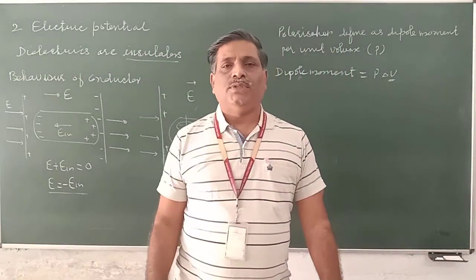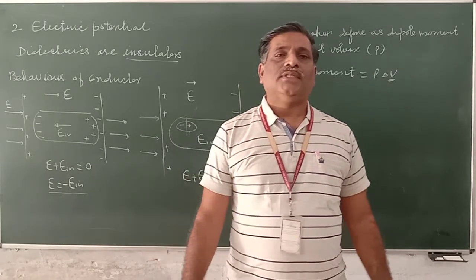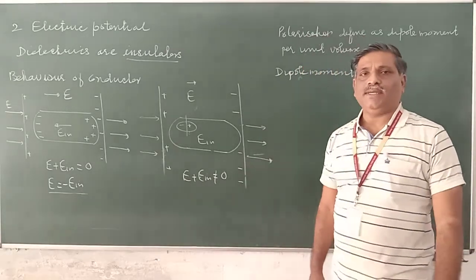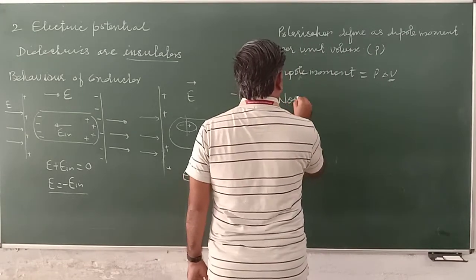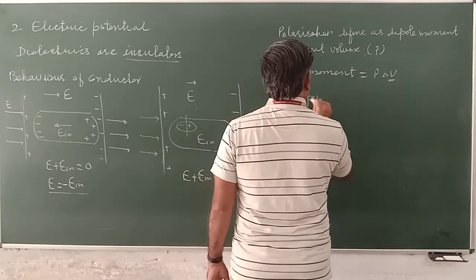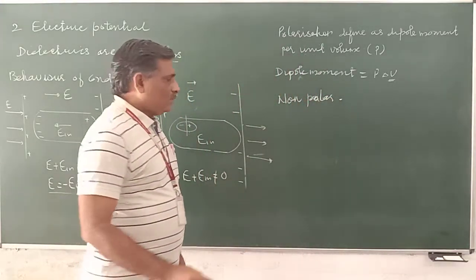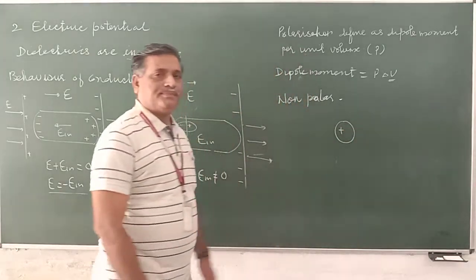Basic elements are classified into two types of substances: one is called non-polar substance and one is called polar substance. What is the meaning of non-polar? We all know there is a nucleus with positive charge.